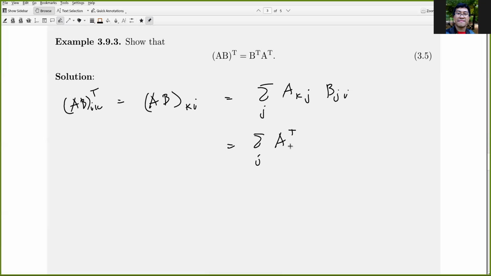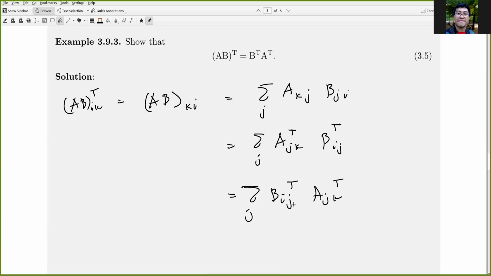Now, this can be written as A transpose, but we switch the index: instead of kj, we have jk. B transpose, instead of ji, we have ij. And then we rearrange: the sum over J of B^T_ij A^T_jk.